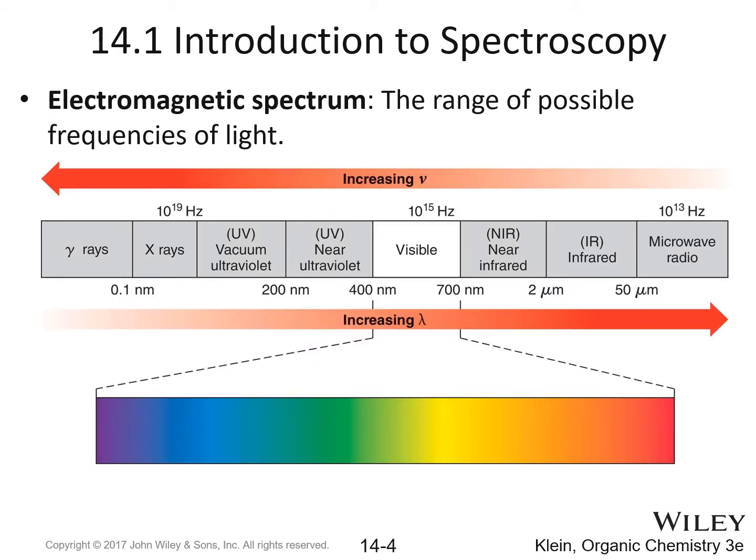The electromagnetic spectrum includes the range of possible frequencies of light. Our longest wavelength frequencies of light are microwaves, and there are actually radio waves further to the right, and gamma rays, which are your highest energy.